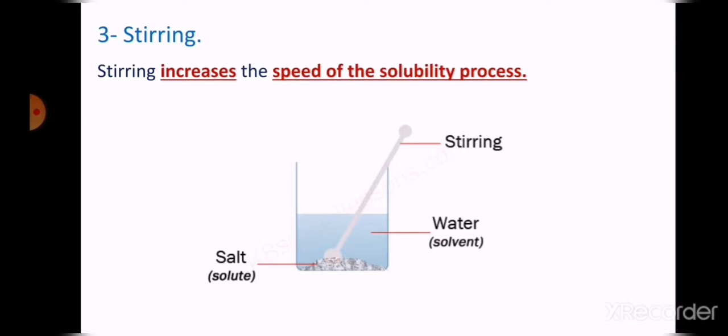So the stirring increases the speed of the solubility process. So the stirring affects the solubility process because it increases the speed of the solubility process.